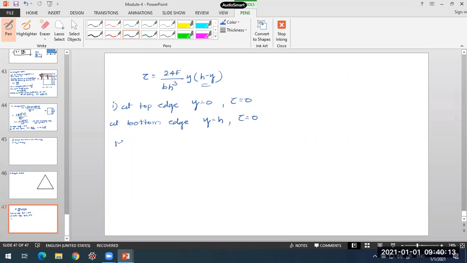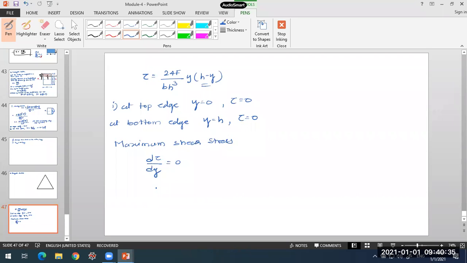What about maximum shear stress? For maximum shear stress, you should have d tau upon dy equal to 0. You should differentiate this equation with respect to y once and equate it to 0.